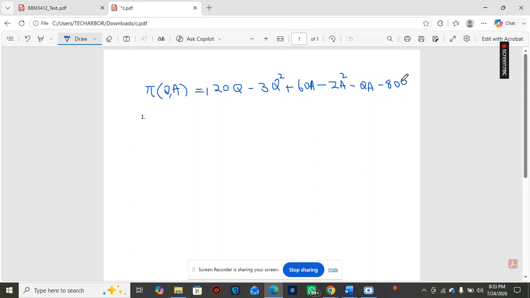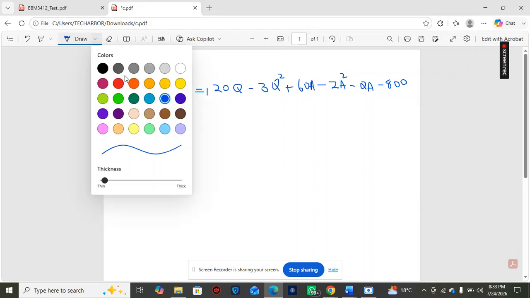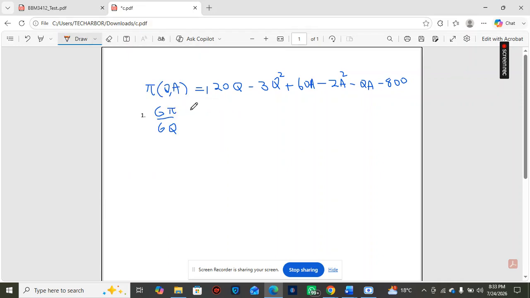Yes, so we have to get the first order derivatives. Basically, we're going to have to partially derive this profit function with respect to Q and with respect to A, and setting our derivatives equal to 0. So first things first, we're going to partially derive our profit function with respect to Q. Meaning when deriving, we're only focusing on terms where there is a Q. Like this 120Q, when we derive it, it becomes 120.